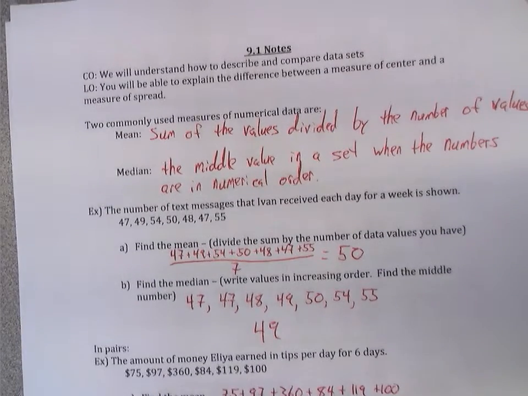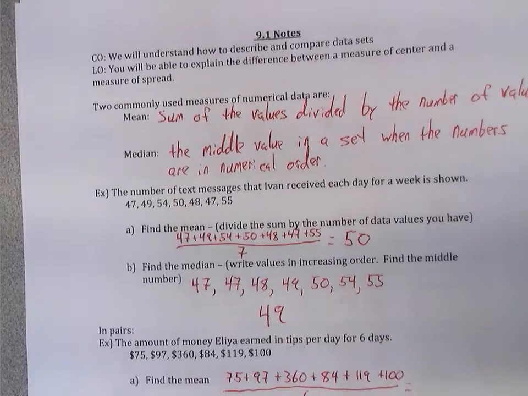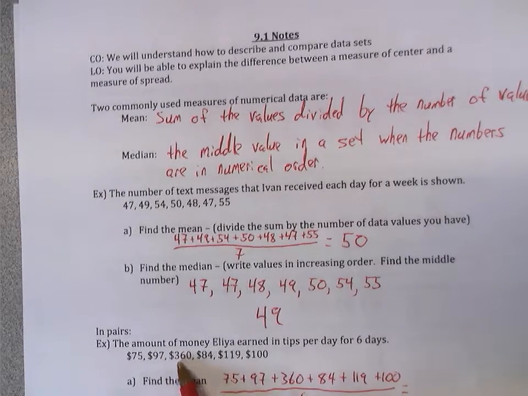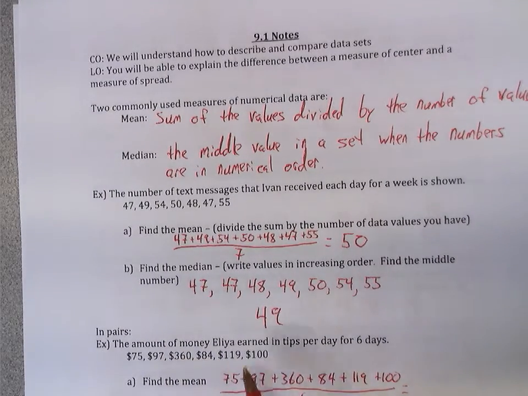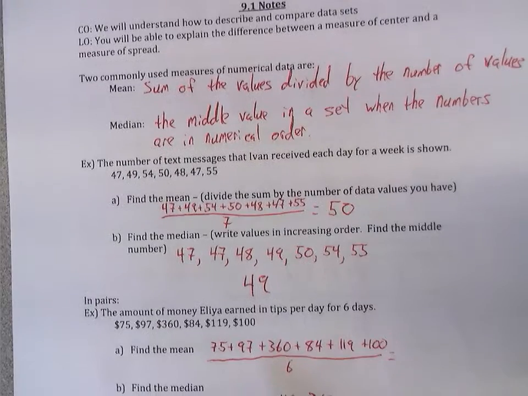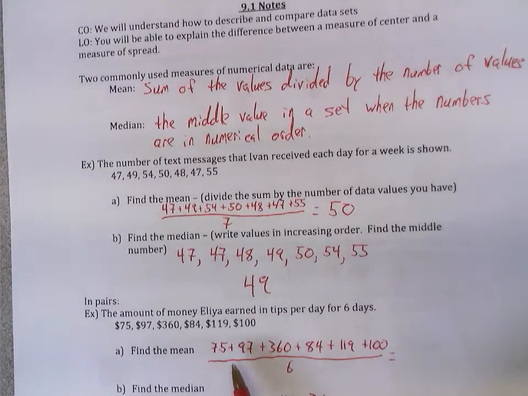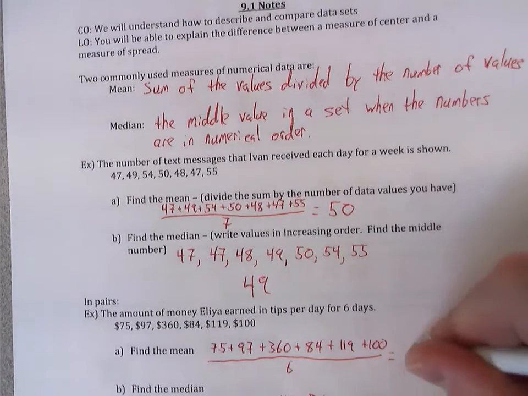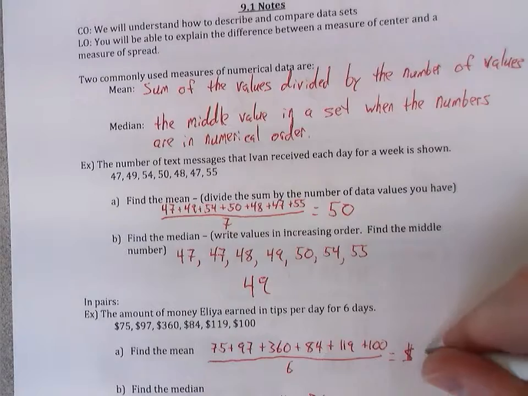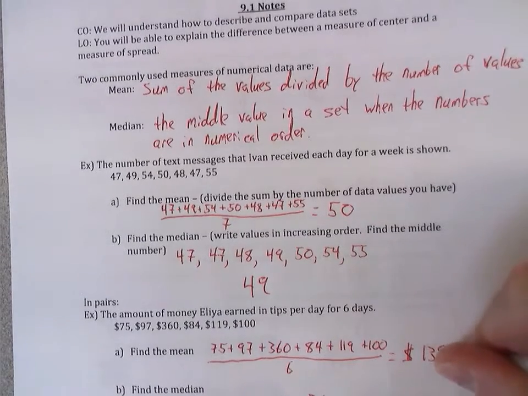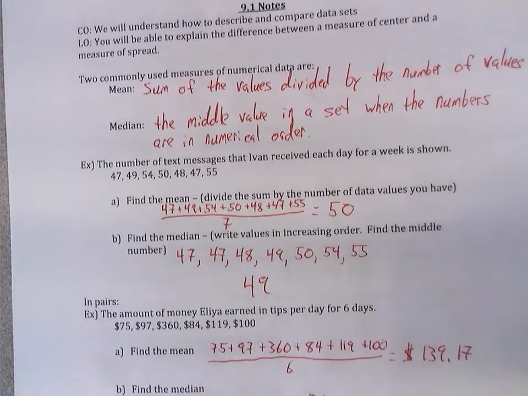It says the amount of money that Elia earned in tips per day for 6 days, $75, 97, 360, big tip day, 84, 119, and 100. So now we can average those together. So again, we're just adding them all up, dividing by the number of days, which is 6. And the average we get is 139.17.